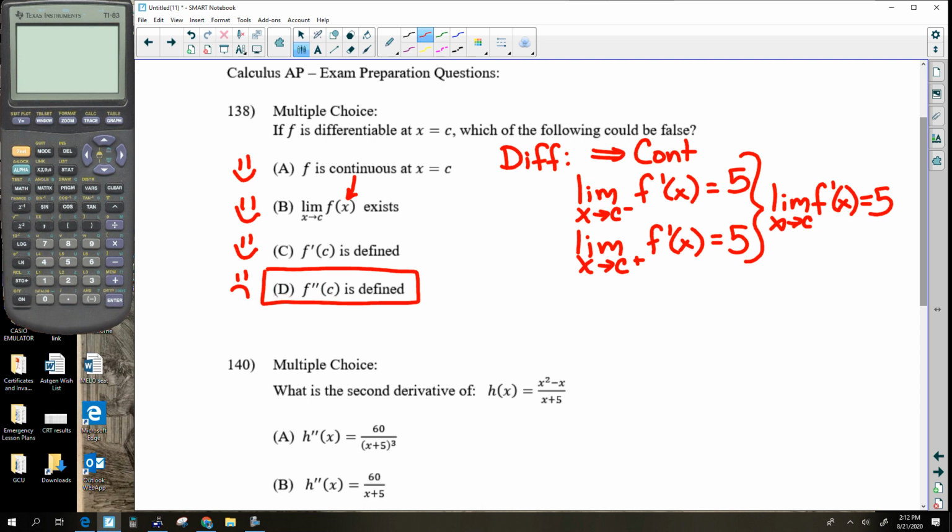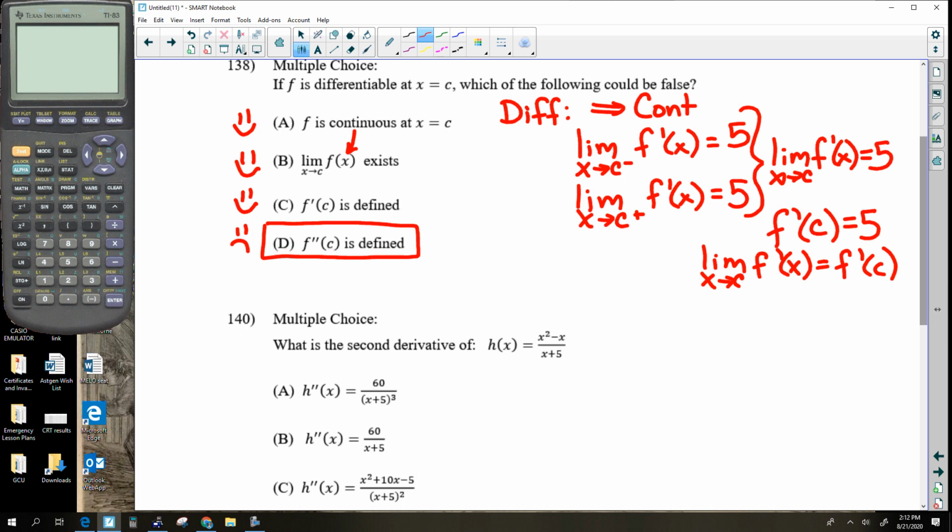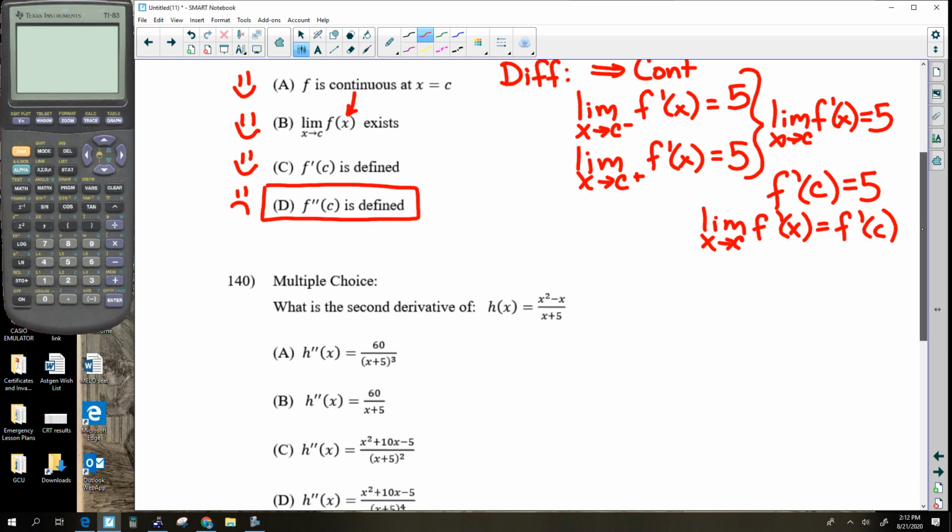So you can kind of skip over these first two steps sometimes, but the limit has to exist. The point has to exist, and the limit has to be equal to the point. The continuity test is the exact same thing, just take away all the primes.